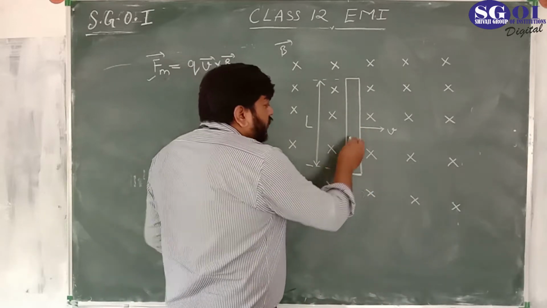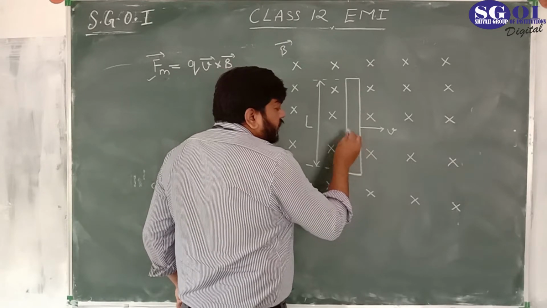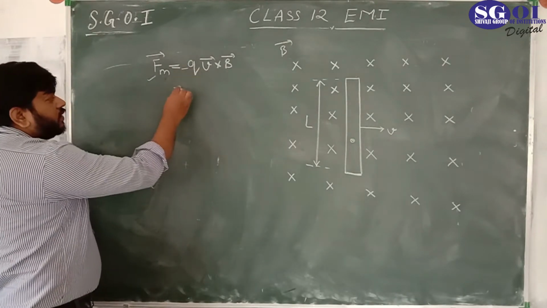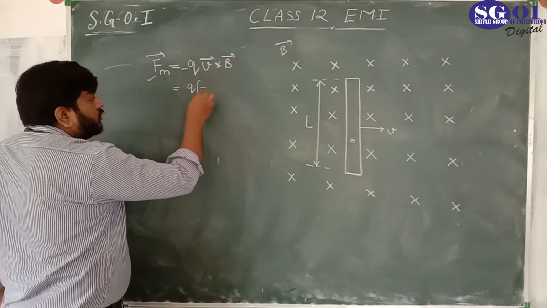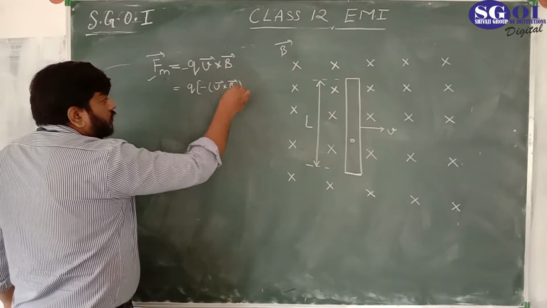Suppose we take a single electron, negative charge, so here it would be minus. Finally we would write it as q minus v cross B.